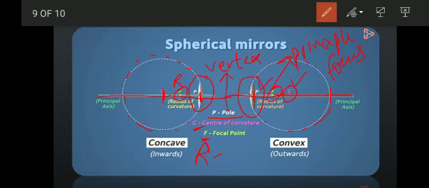In both of these mirrors, you can see this R, and R is actually double of focal length. The relationship between the principal focus, first we have to explain what is meant by focal length.